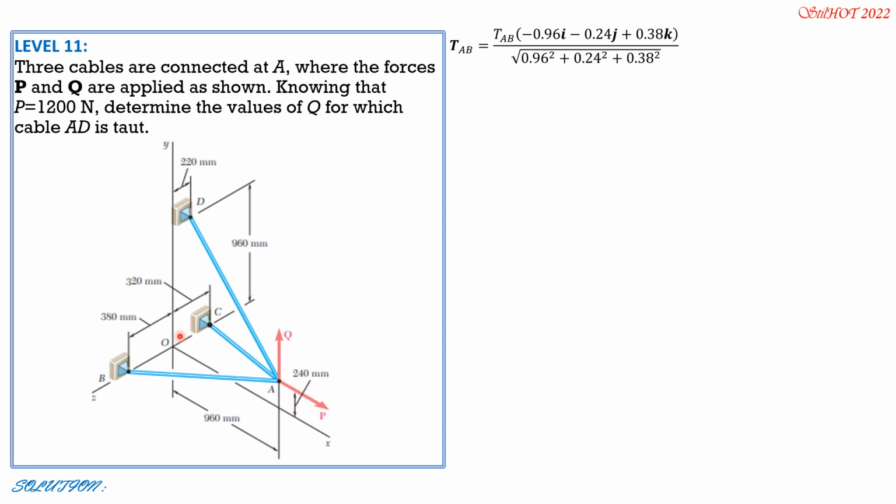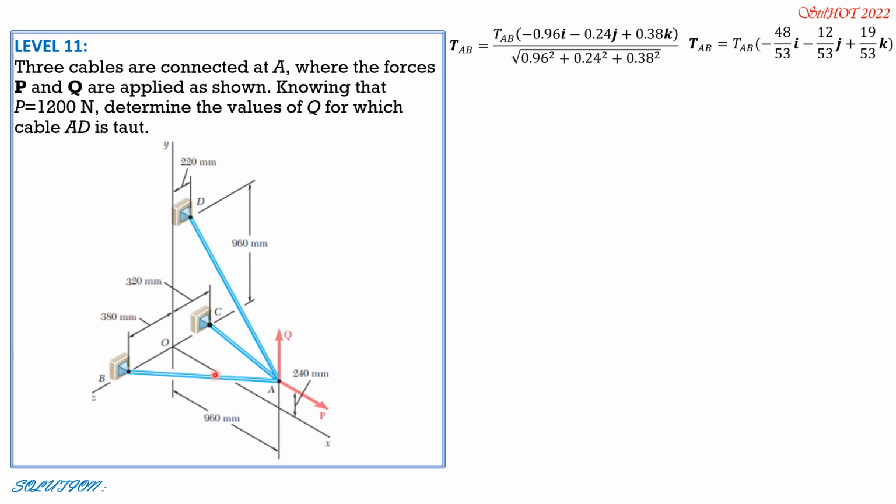Then along Z, it's forward 0.38 k over square root of 0.96 squared plus 0.24 squared plus 0.38 squared. Simplifying, tension AB is magnitude of tension AB times negative 48 over 53 i, negative 12 over 53 j, and positive 19 over 53 k.